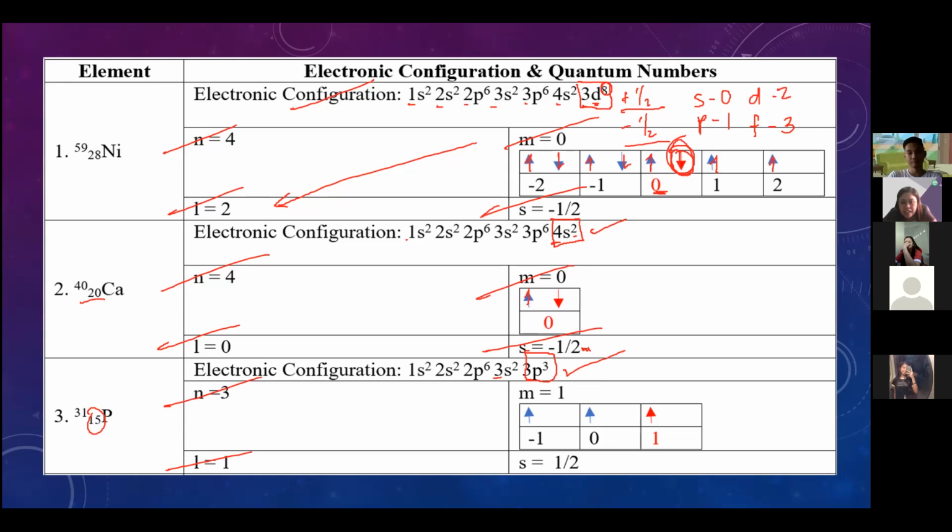You can fill in here the electrons, we have 3 electrons in the last configuration. So you have 1, 2, and 3. If-fill in mo siya, the last electron is found here sa orbital number 1. So the magnetic quantum number is 1. And it's going up, so it's positive 1/2. So all the answers from numbers 1 to 3 are correct.